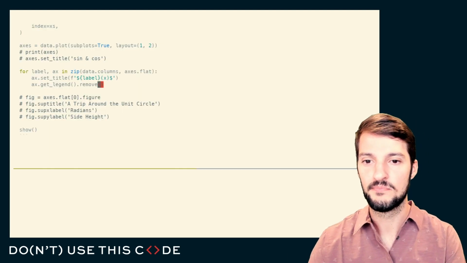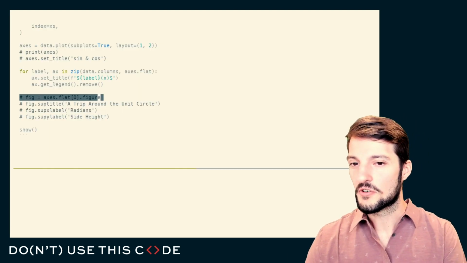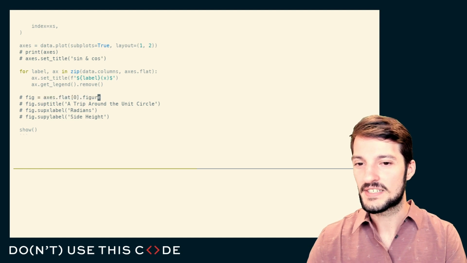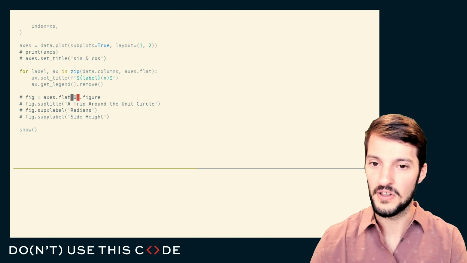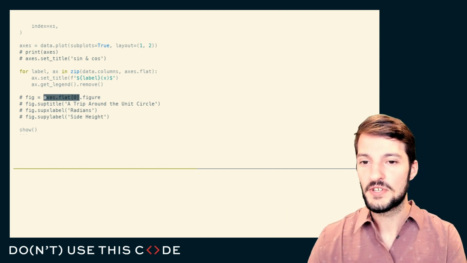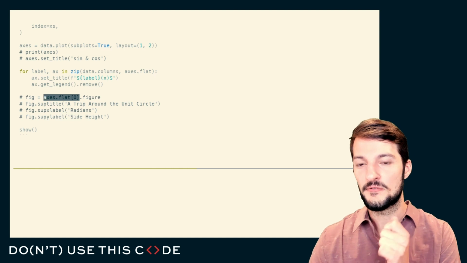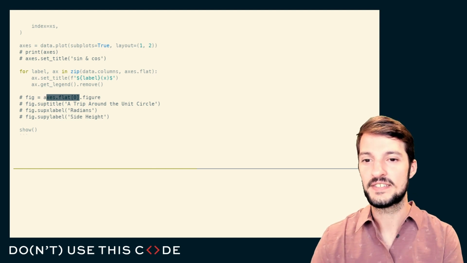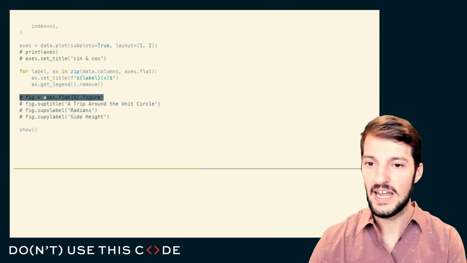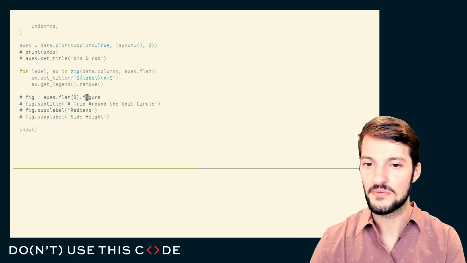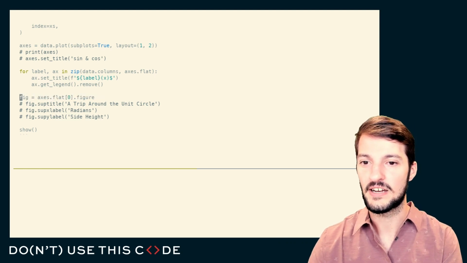Like I mentioned earlier, if we have access to the axes, we have access to the figure. If we have access to the figure, we can do a lot. You'll see here that I'm just accessing the very first instance of axes from my ndarray of them. And then I use the .figure attribute to get the figure back out.